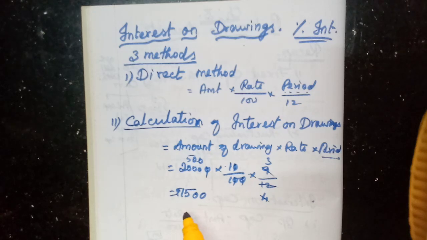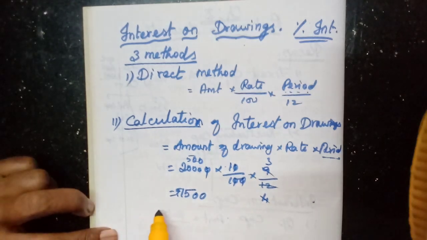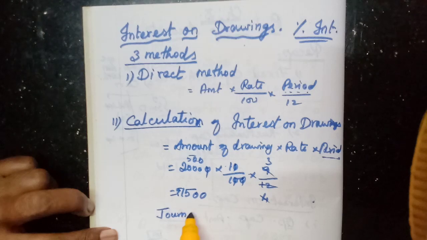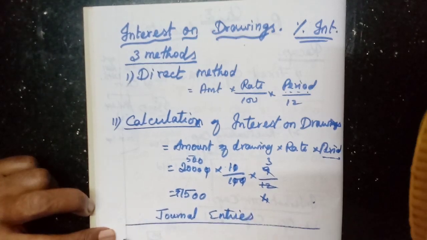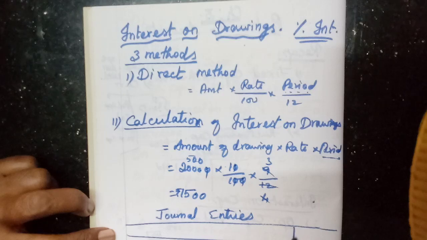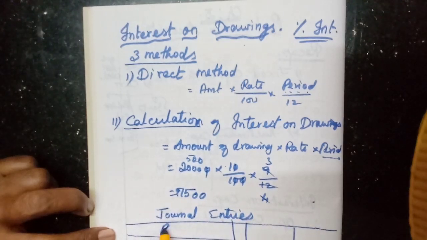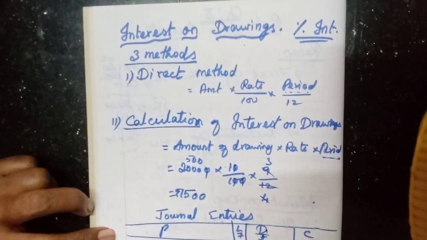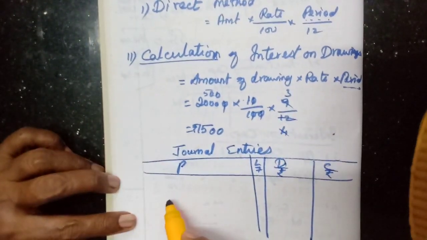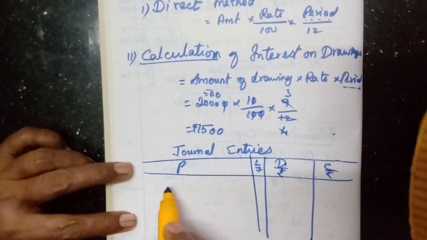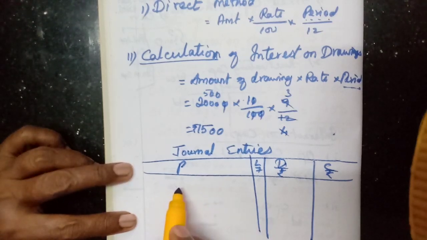Then we need to write the journal entries. What is the question? Pass journal entries. You have to draw a line with the scale and pencil. Particulars, LF, debit, credit, rupees. I have told you, since this one is an income for the business, that must be credited, and what should be debited?